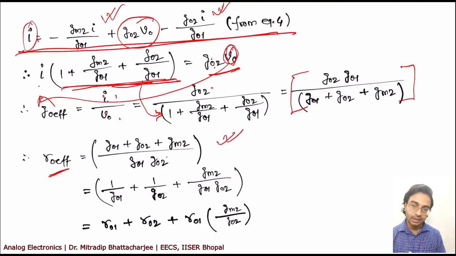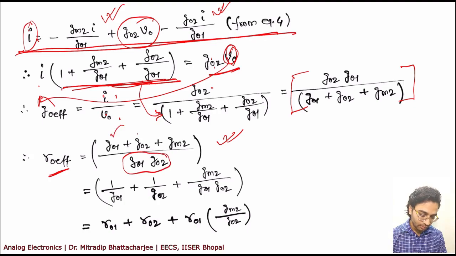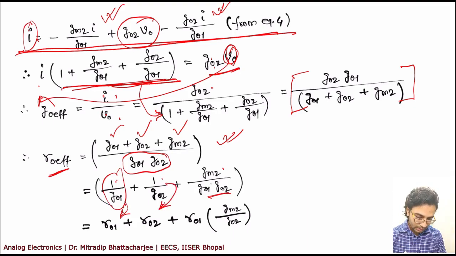Now I did a further simplification, just divided this term with each of these. So you got 1 by G01, 1 by G02 as Gm2 plus this one, this value. So what is this? This is RO1, this is RO2, and finally you have 1 by G01, which I replaced as R01, and I kept this term as it is.